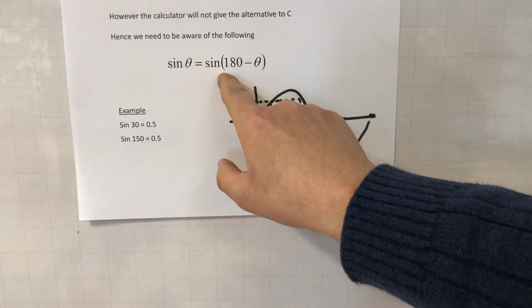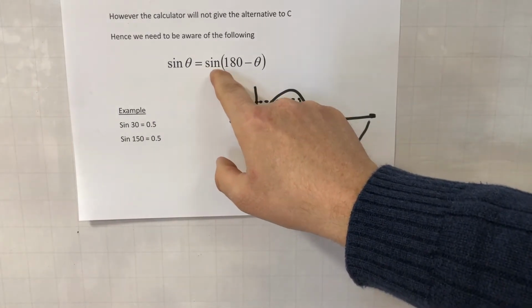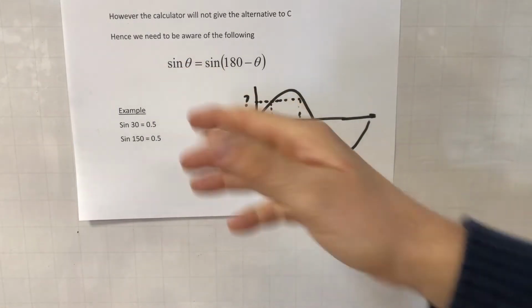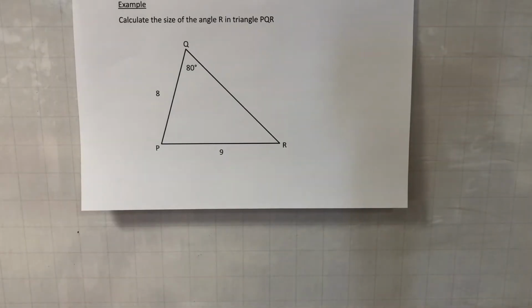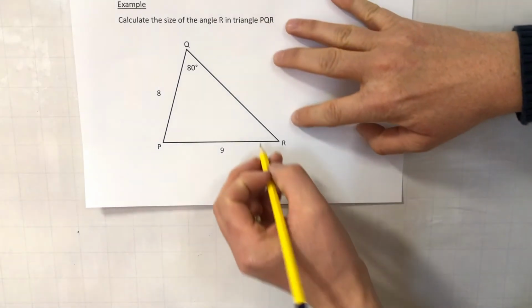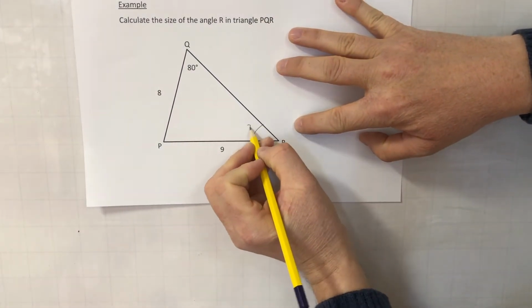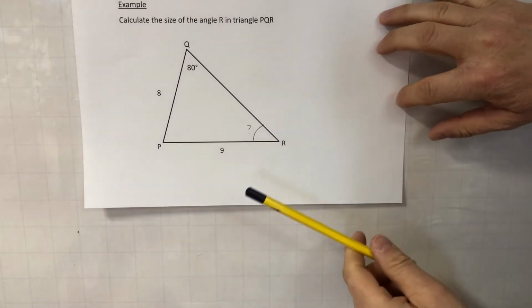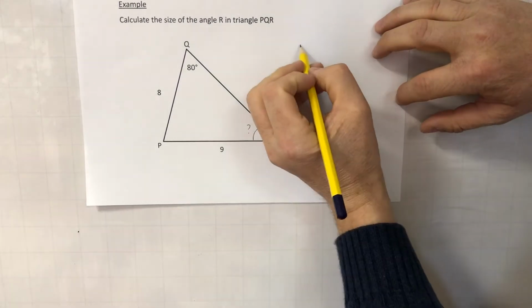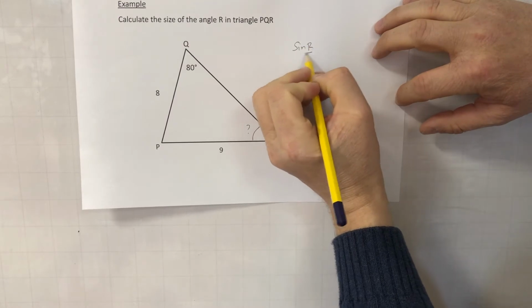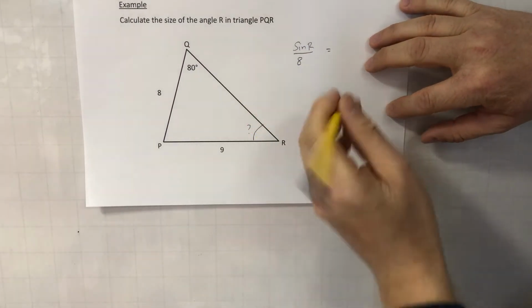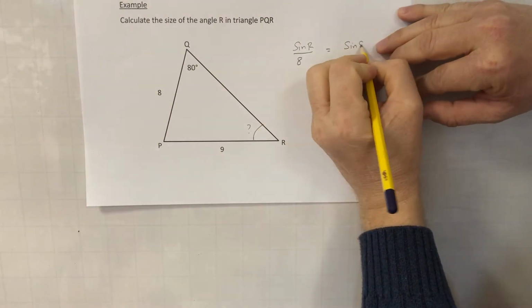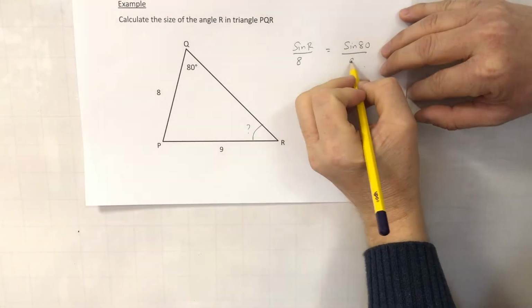And we can use this result to establish the second angle given the first one, if the information allows us to. So answering this question, we can look to see whether or not we have ambiguity. So we're after finding that angle there. So I would quote the sine rule, that the sine of r divided by 8 must be the same as the sine of 80 divided by 9.